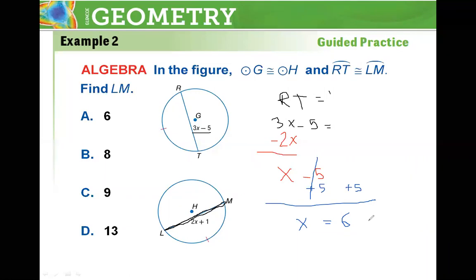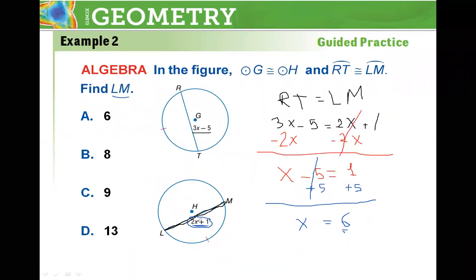The problem doesn't end yet because we haven't found the value of LM. Pay attention with me, Abdullah. LM is equal to what? LM is equal to 2x plus 1, and we got the value of x, which is 6.